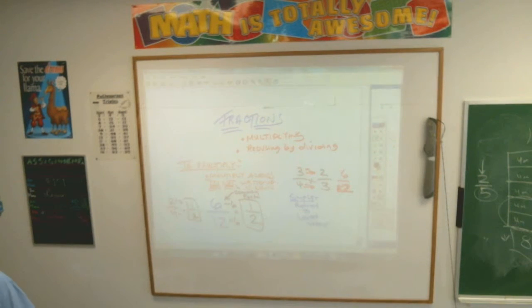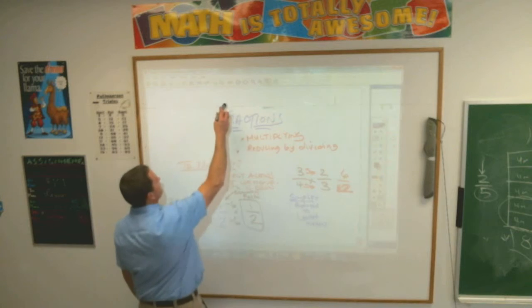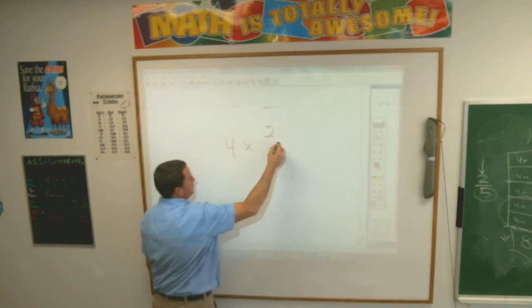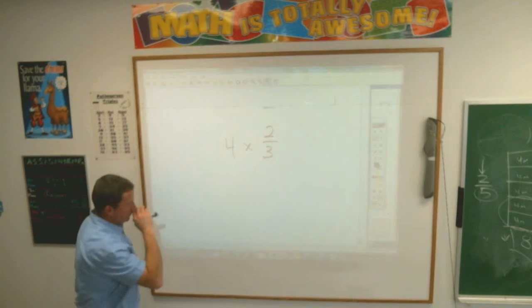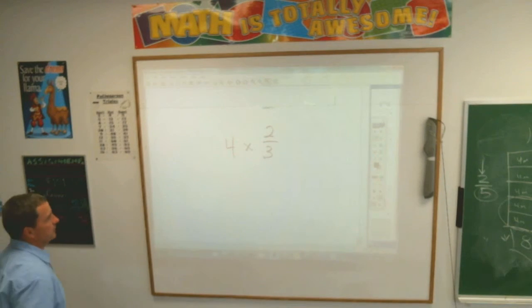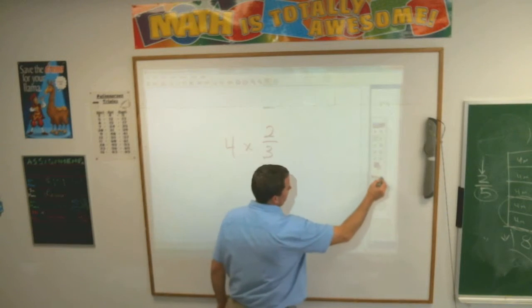How about this one? 4 times 2/3. Now everybody goes, well, oh boy, I don't know, what in the world do I do with that, because I don't know how to multiply a whole number times a fraction. In which case, Cabran says, put a 1 in there. Right, please don't make it 4/4.